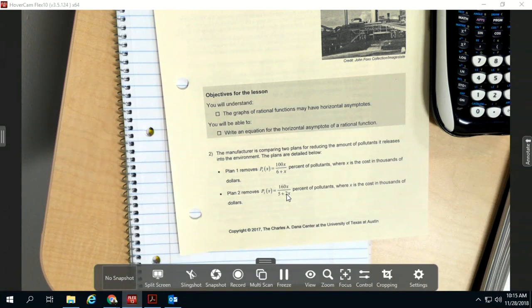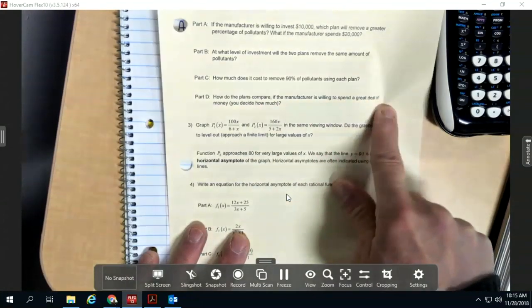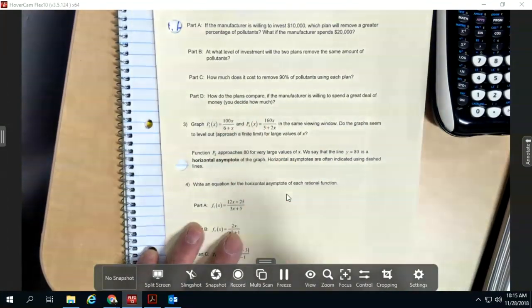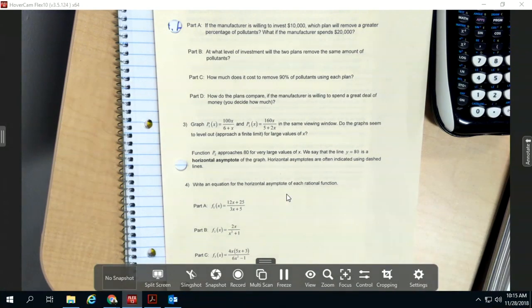What math are you going to press on your calculator? 160 divided by 2 is 80. Pay attention to the leading coefficients to solve your problem. So, if you're willing to spend a great deal of money, you decide how much, which plan should you use? Plan 1, because Plan 2 will only remove 80% of the pollutants, no matter how much money you spend.